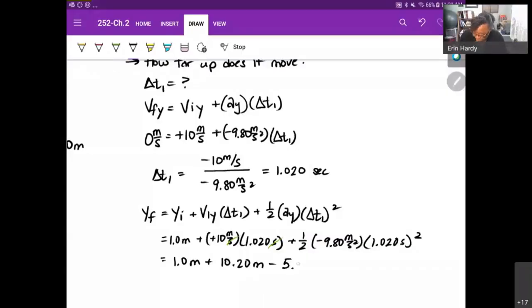So minus 5.102 meters. So 1 plus 10.20 minus that one is going to give us like 5.9, yeah. You said 10.02, but it's 10.20. Just wanted to make sure.